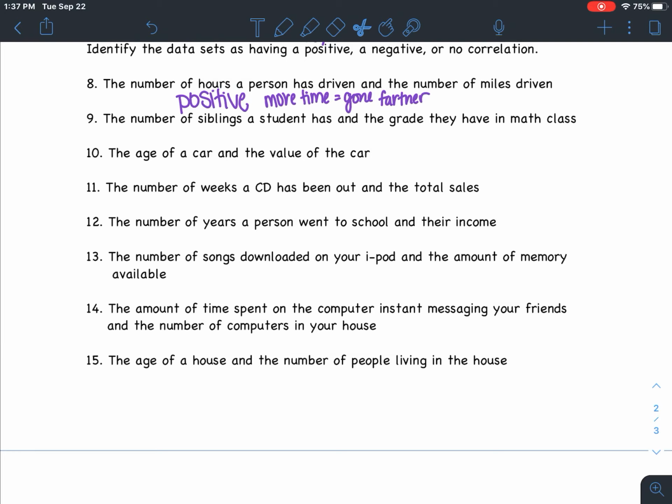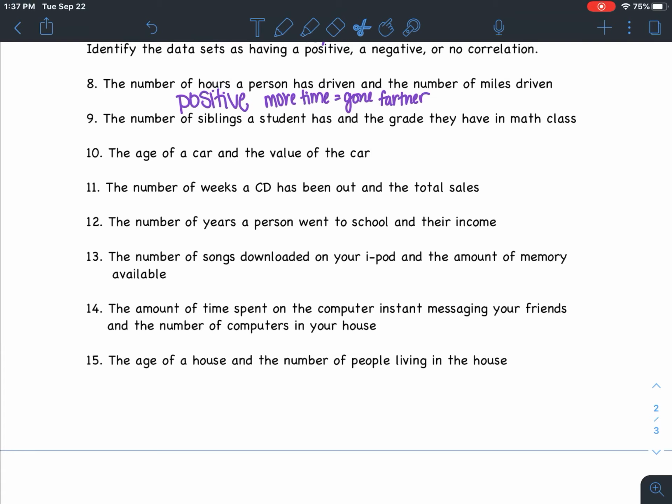The number of siblings a student has and the grade they have in math. I would say, yes, you always have those one-off cases where, well, maybe your older siblings are tutoring you and so your grade is higher, or maybe you have a bunch of little siblings and you can never focus on your math homework.